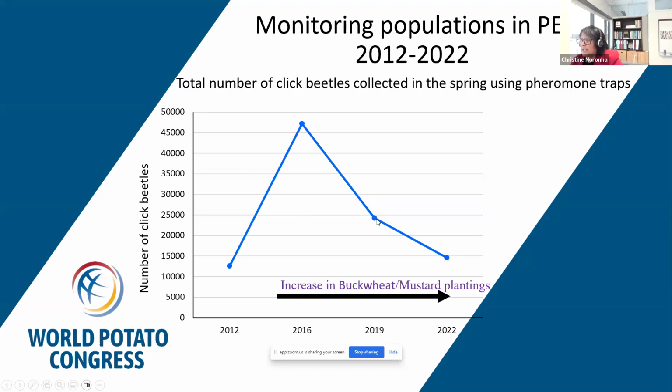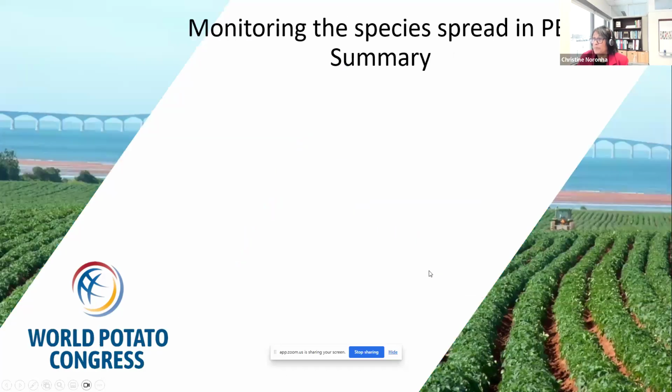That decrease happened around the same time that there was an increase in the plantings of buckwheat and mustard. At first, in 2013, 14, 15, a few growers were using buckwheat and mustard, but as time passed, more and more growers started using it. So it became an area-wide use of these crops, and we saw a decrease, and then a further decrease in 2020.